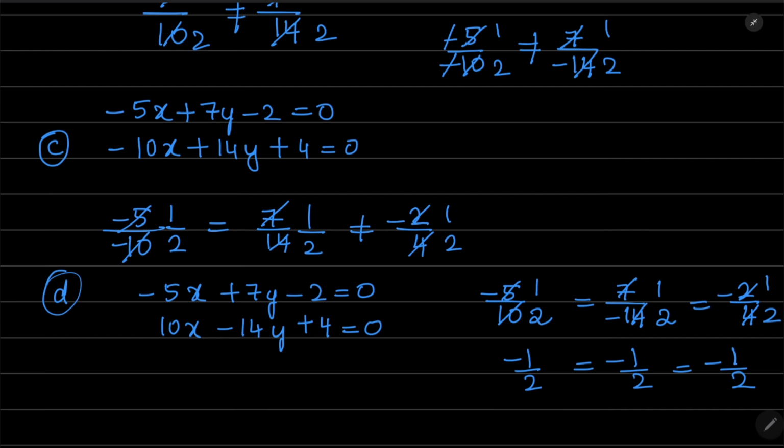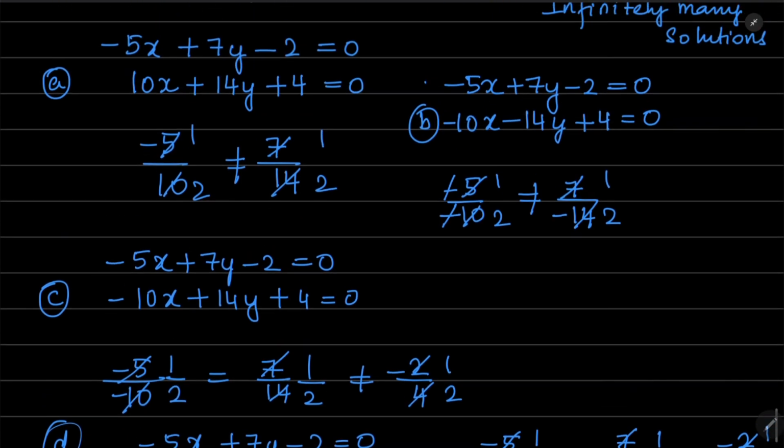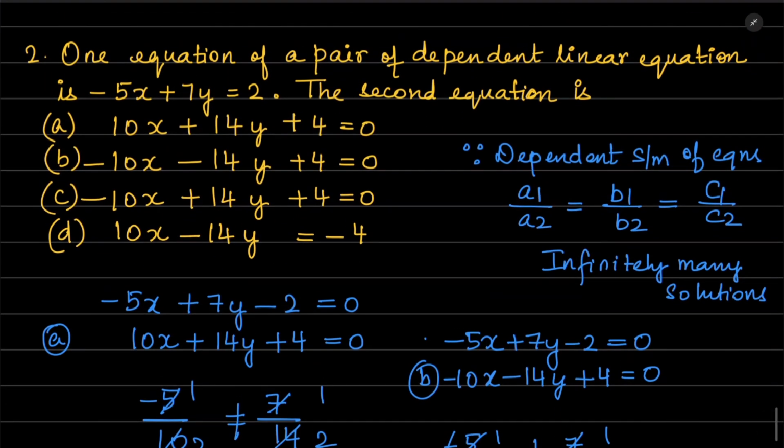So this is the second equation which should be in this particular system as the second pair in order for the systems to be dependent on each other. What is the correct option? It is option D, because none of the other three pairs of equations satisfy this condition wherein A1 by A2 has to be equal to B1 by B2 and equal to C1 by C2.